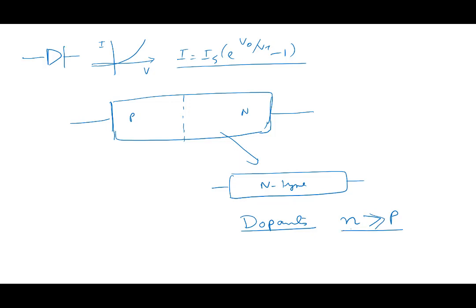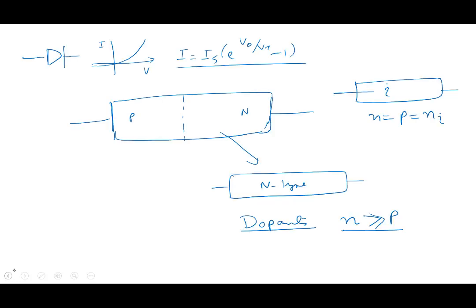In a normal semiconductor, which we call an intrinsic semiconductor, n equals p at equilibrium, equal to what we call the intrinsic carrier concentration.